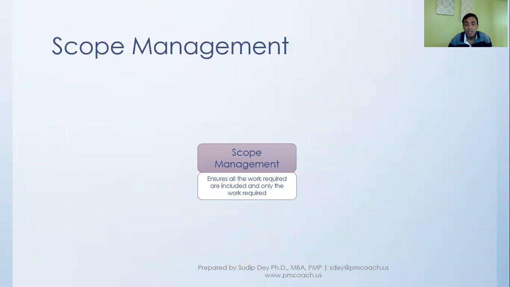We should ensure that all the work that is required is included, and only the work required, which also means that we don't want to include anything that is not required. And that is the objective of the scope management knowledge area.